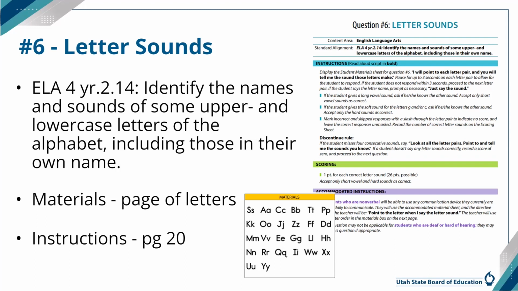But for most students, that 3 seconds, if they aren't able to give you that sound, you would just put a line through that letter pair to indicate that the student was unable to give the sound. Or if the student gives you the wrong sound, then you would also put a line through that letter pair.